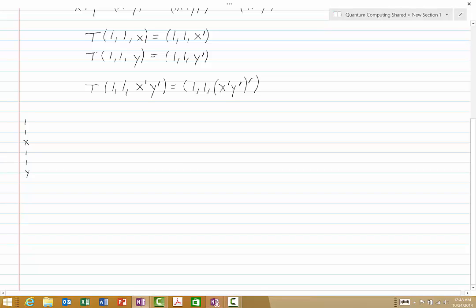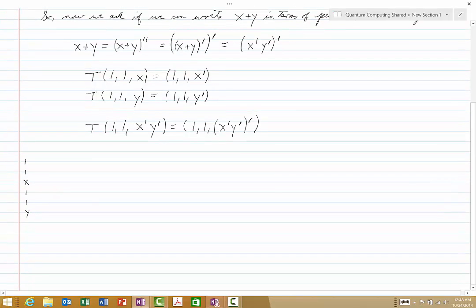What we have above is not incorrect, but it still begs the question of how do we get this X prime, Y prime anded together? Of course we know that we can do that. That's one of our other identities for the Toffoli gate, that T of X, Y, 0 is X, Y, X and Y. But there's a more efficient way to do this, so let me erase this last one.